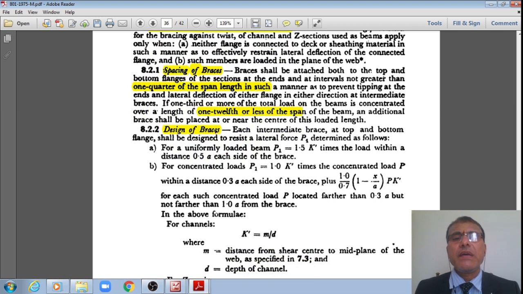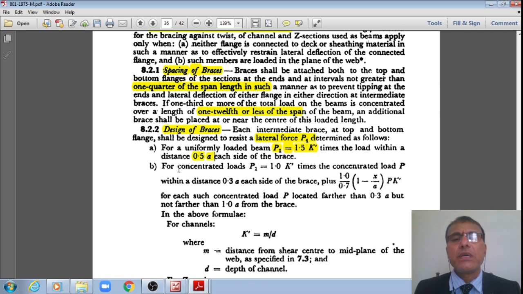Next one, the design of these braces, right? Each of these intermediate braces at the top and bottom shall be designed to resist a lateral load P1 determined as under, right? Where P1 is equal to 1.5 K prime times the load within a distance of 0.5 A on each side of the brace.